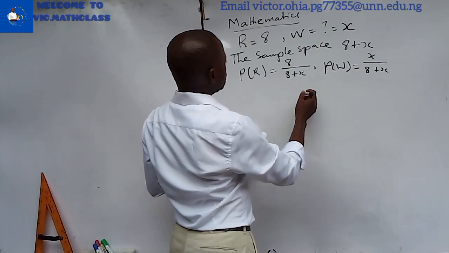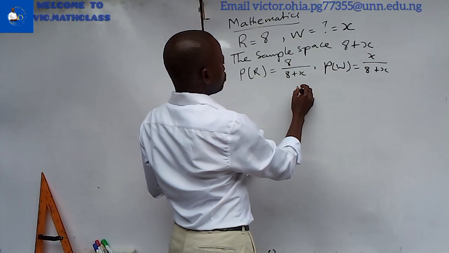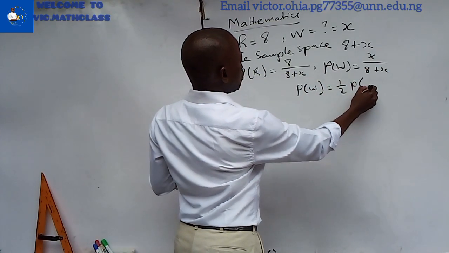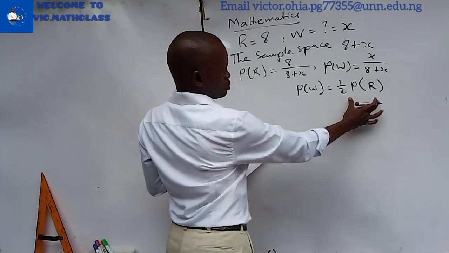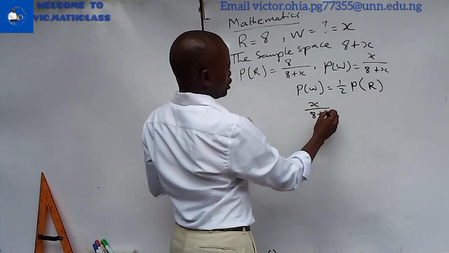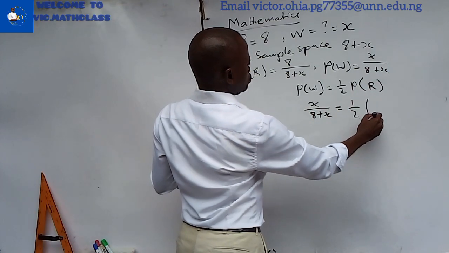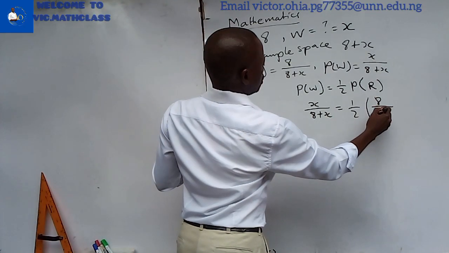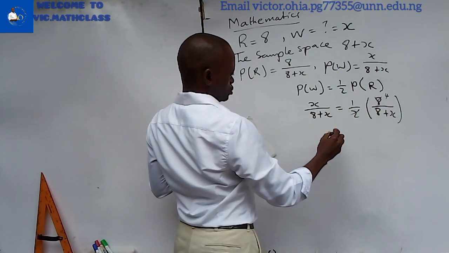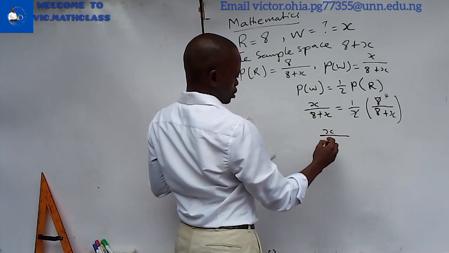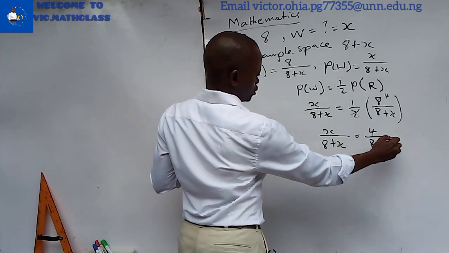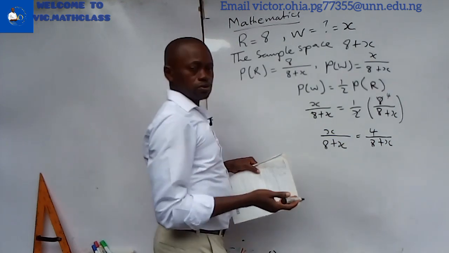So it means that if the probability of white is equal to 1 over 2 times the probability of red, you see the implication is that X over 8 plus X is equal to 1 over 2 into 8 over 8 plus X. Of course we can take this away and you have 4 here, so we can have X over 8 plus X being equal to 4 over 8 plus X, because the only thing we can do here is to cross multiply.